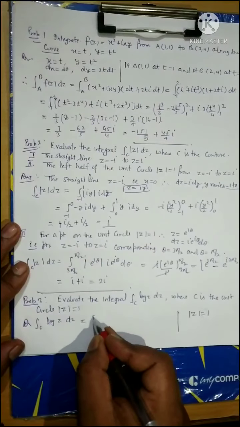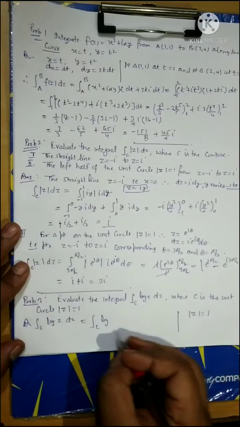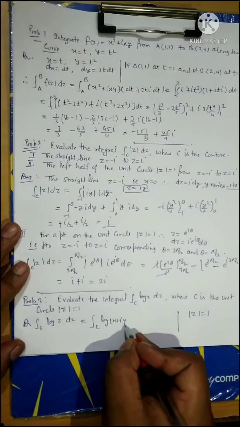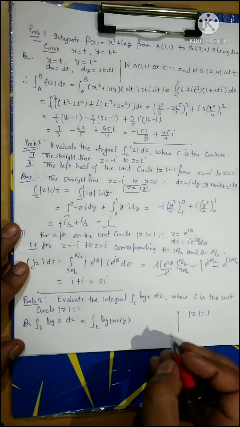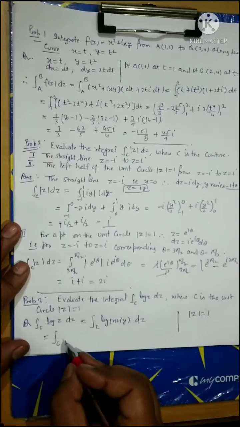Now integration over contour C, putting the value of z, that is x plus iy, and dz as it is, this is equal to integration over the contours.